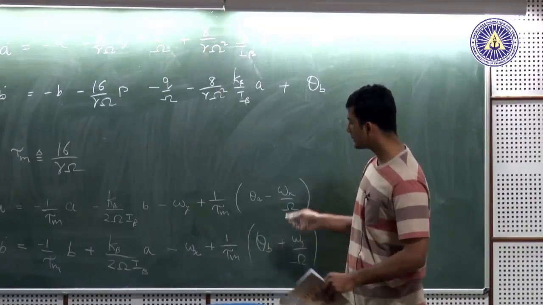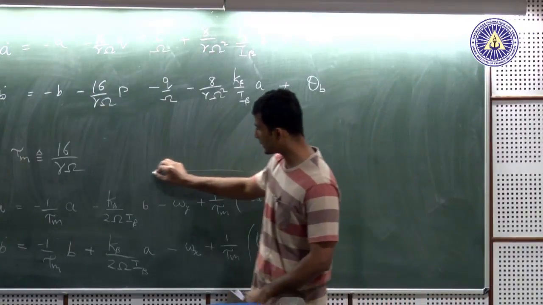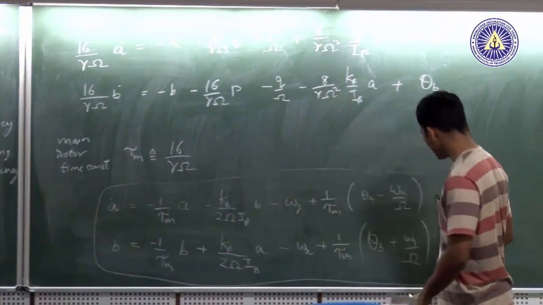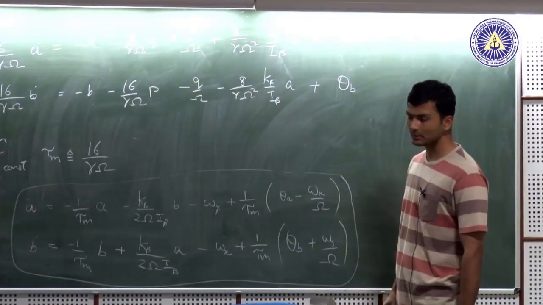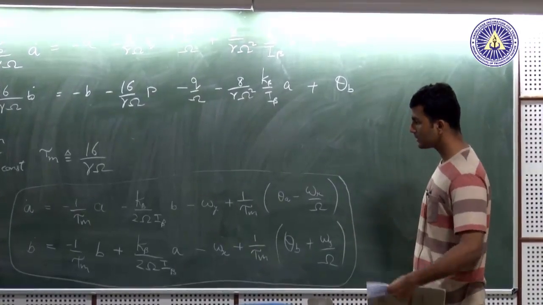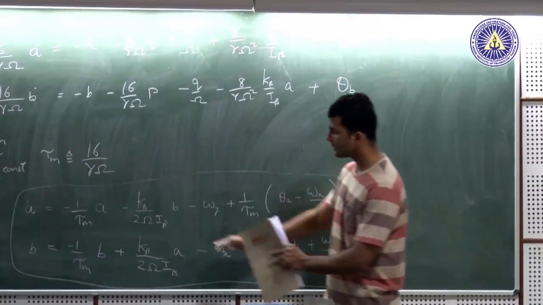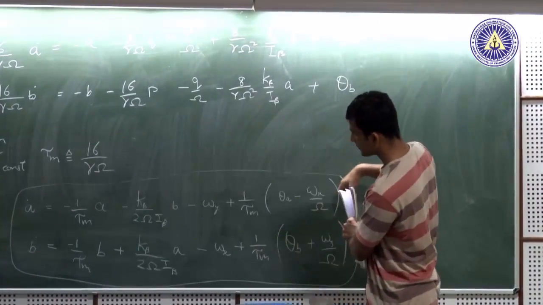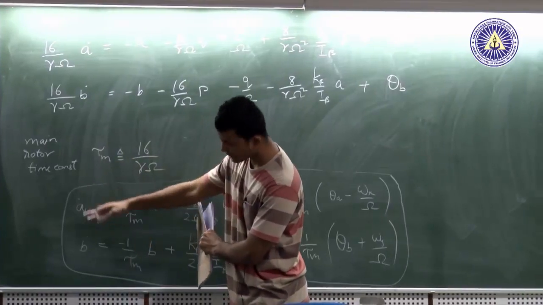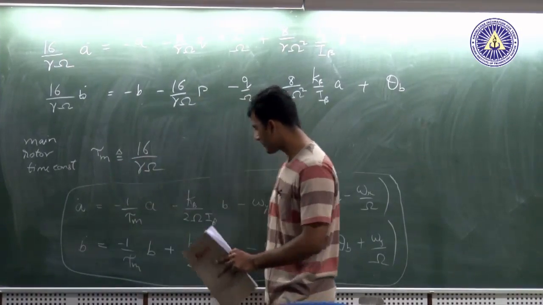So what this equation essentially tells us is that this can be considered as the rotor tip path plane equation, the final form of the rotor tip path plane equation. If I just ignore the remaining terms and consider this term, this is a first order system and it is stable.